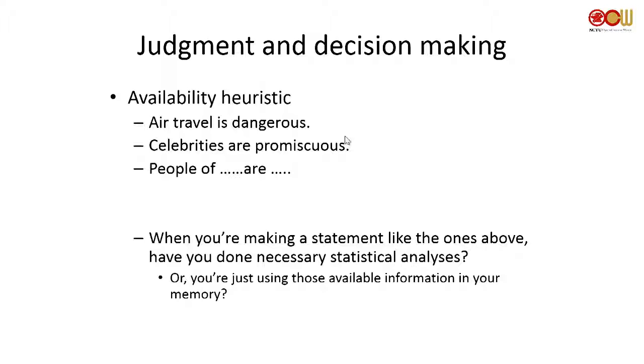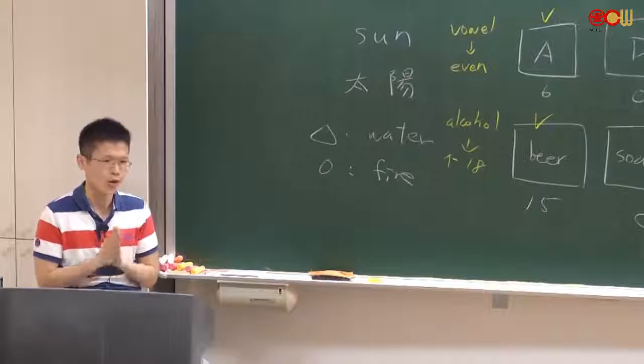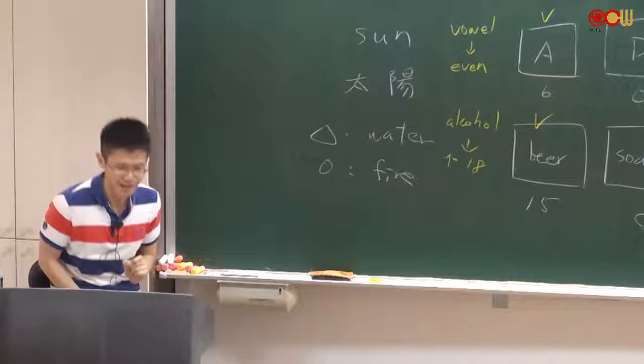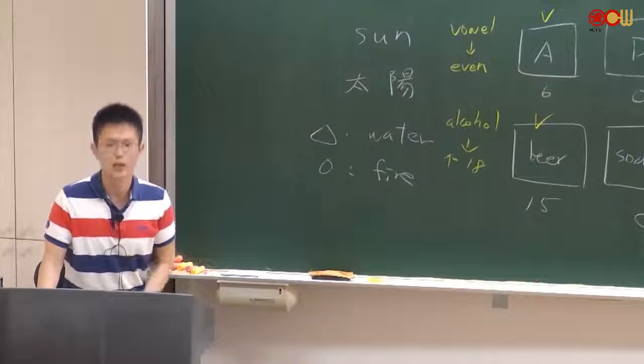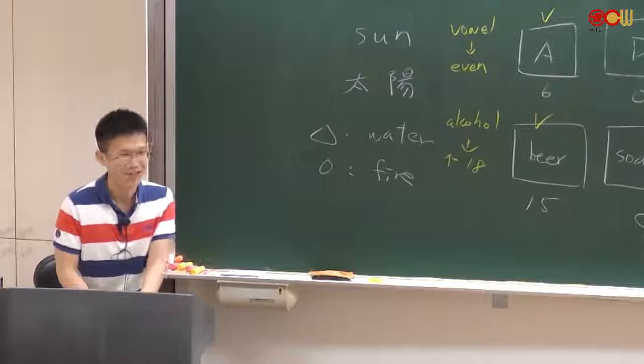But how come most of us have this kind of stereotype? It's not based on statistics, probability, or logic. It is based on the availability heuristic. Because celebrities can do a lot of things, but you will only remember it when they are doing something more dirty.